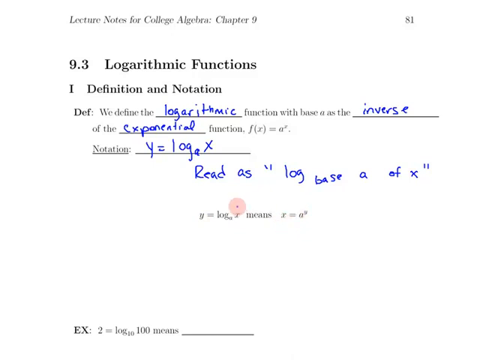So the x in both cases is just some real number. The a in both cases has the name of being the base. We talked about the base of an exponential. Now we're talking about the base of a logarithm. And then the y, which on this right-hand side is the exponent.